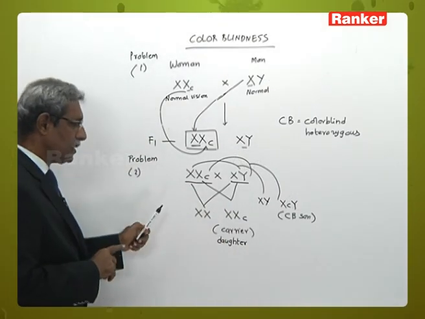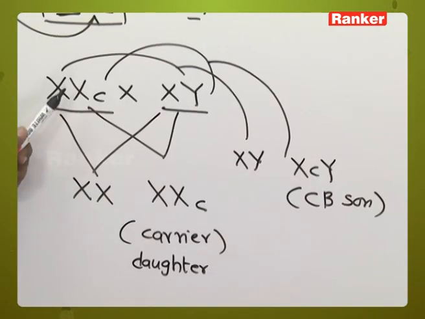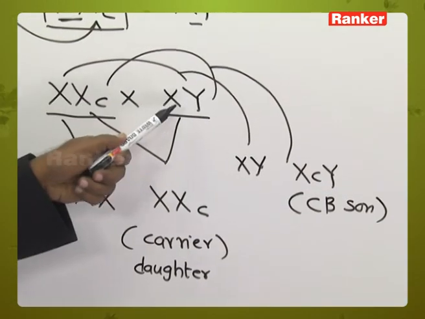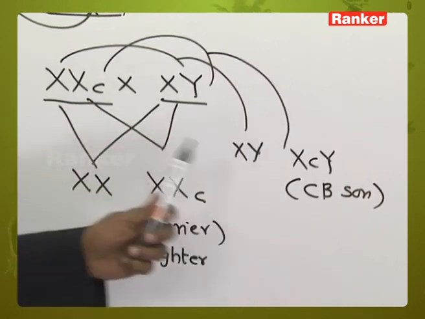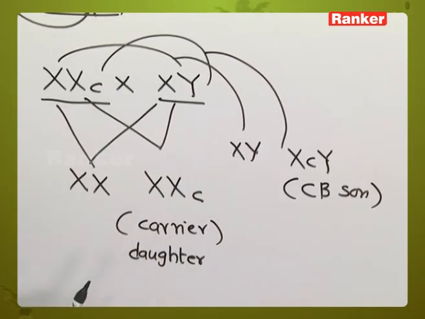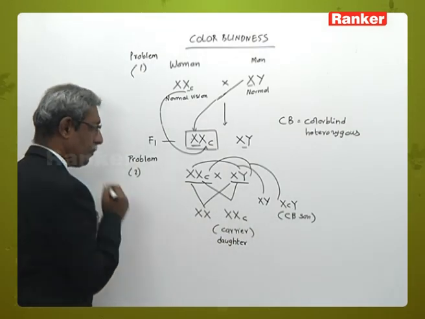In another situation, supposing a woman is color blind and she marries a normal person who is XY, what could be the offspring, who could be the carriers, and where is the color blind gene? This is the second set of problems.